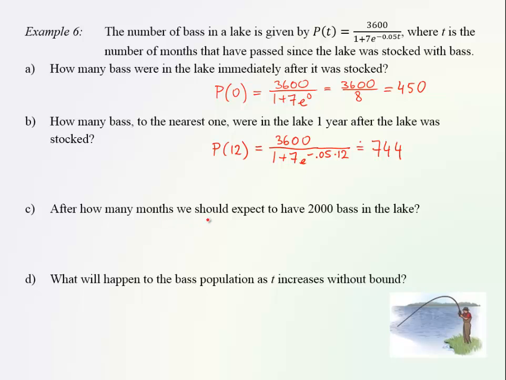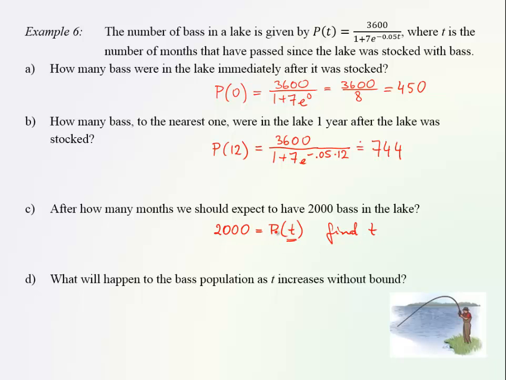After how many months should we expect to have 2000 bass in the lake? Well, this time we need to solve the equation when 2000 is equal to the population P of t. t is in months, and we are solving for t. Find t. And this time, let's use the graphing calculator.